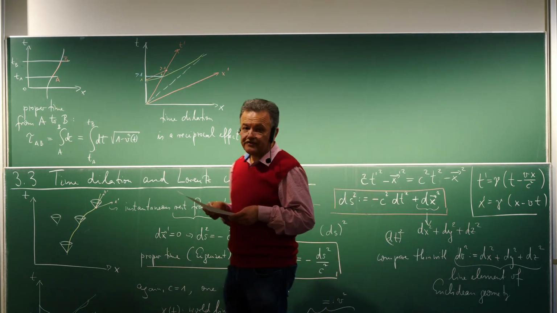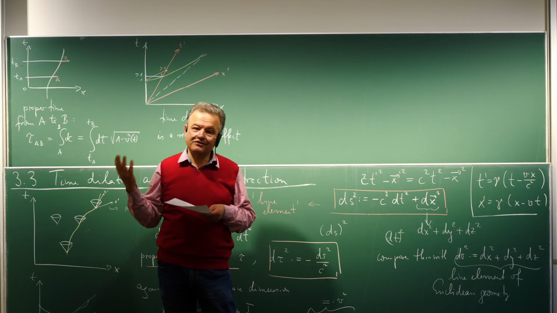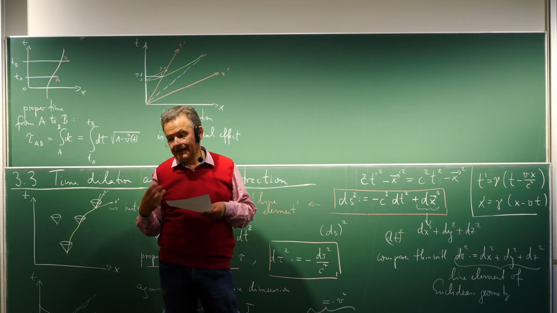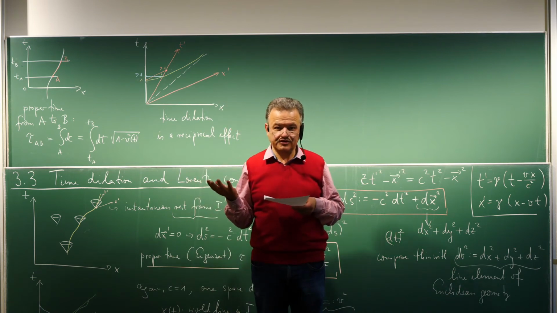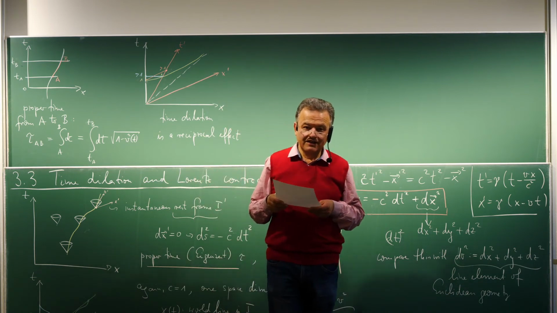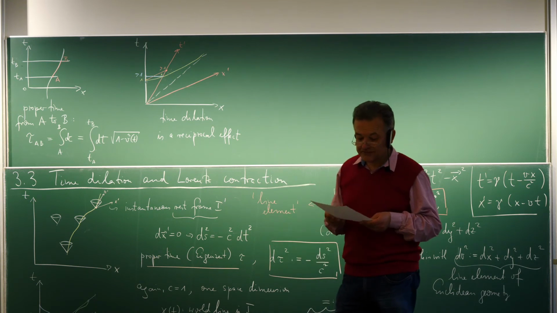Now, if you have an effect for the time, and you know already that space and time are connected, then of course we should have a corresponding effect for the space. And in fact, this is the case.